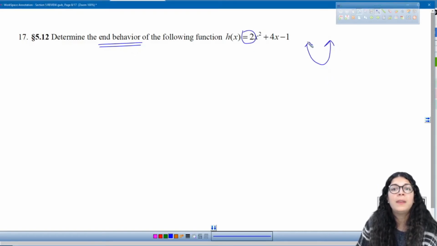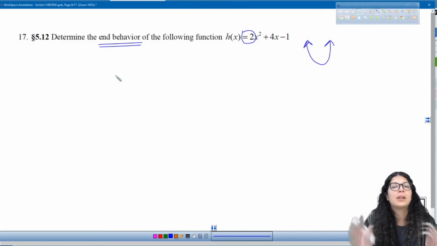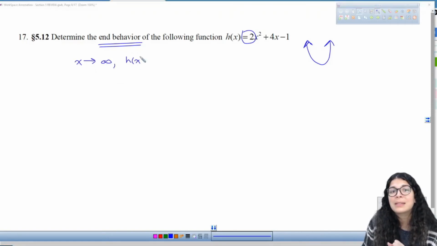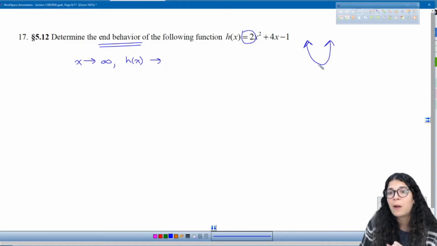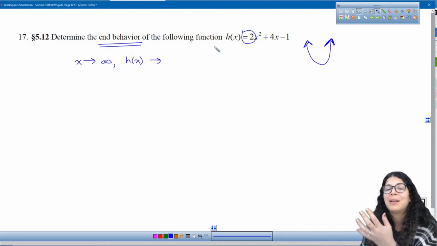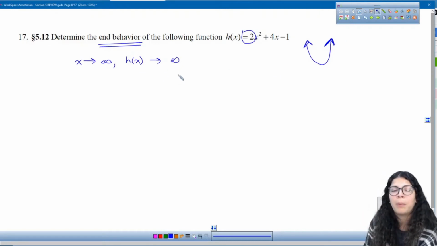So the ends are just the ends. You don't need anything else. On the right side, as x approaches positive infinity, where is this h of x function facing? Look at the arrow. As we go more and more to the right, the y value will continue to get more and more positive.